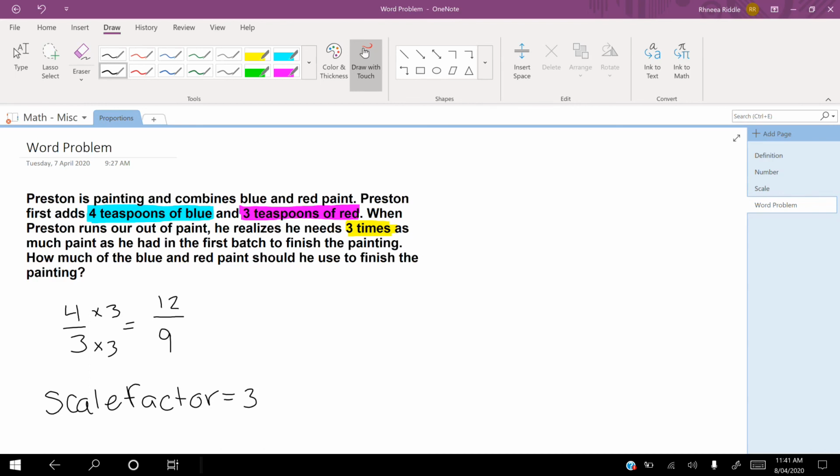So we know that at the end, he's going to need 12 teaspoons of blue paint and 9 teaspoons of red paint.